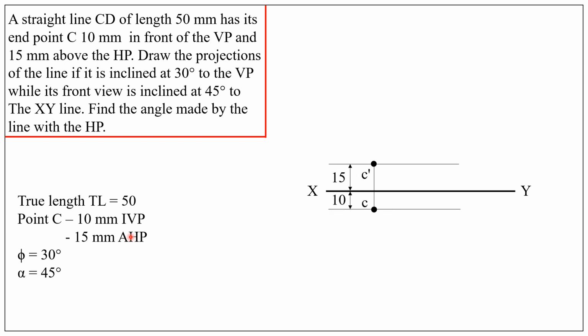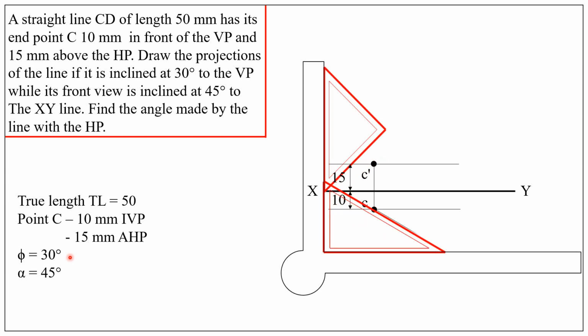It is given the line is inclined at an angle of 30 degrees to the vertical plane. The angle of inclination to the vertical plane is visible in the top view when the line is parallel to the horizontal plane. Now we assume the line is parallel to the horizontal plane and draw the top view. Therefore, we can draw a 30-degree line.